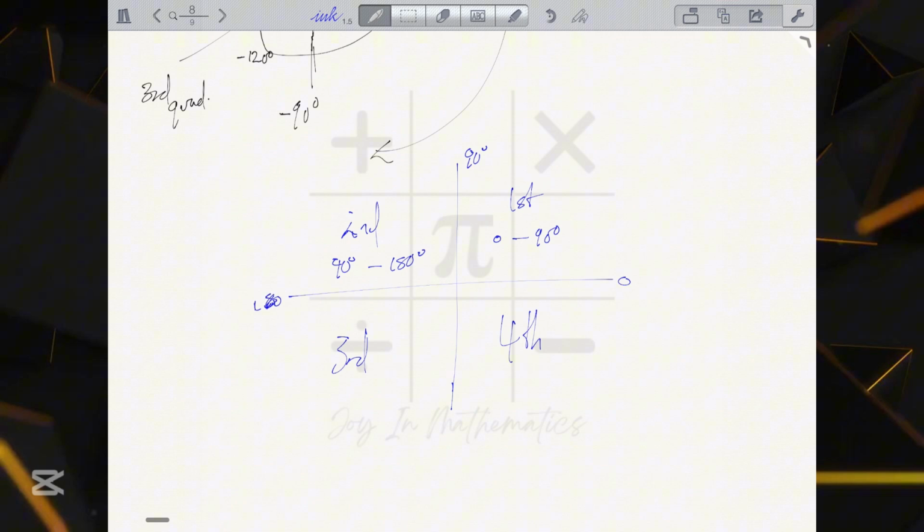The third quadrant ranges from 180 degrees to 270 degrees. And the fourth quadrant ranges from 270 degrees to 360 degrees. This is when we are considering the positive direction of the angle.